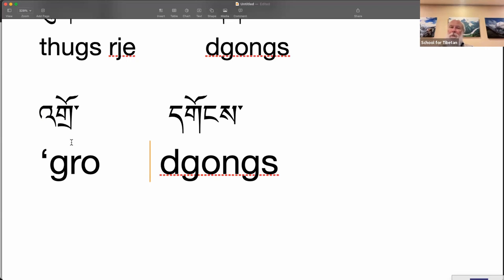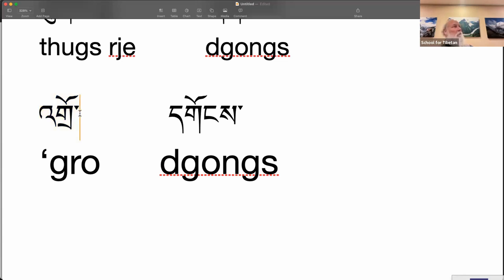This is a verb, let's say in the first or basic meaning, that means to go. Simply a verb meaning to go.